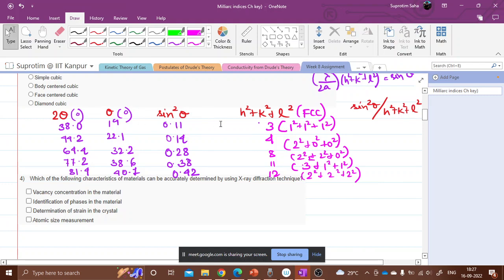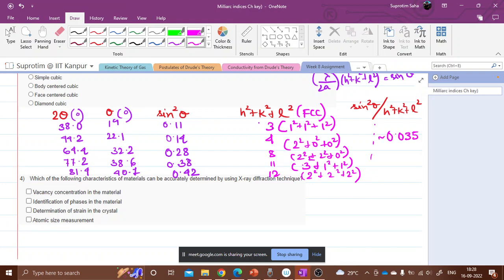So if you divide each and every one by 3, 0.11 divided by 3 will fetch you 0.036 sort of something. You can do it yourself. 0.14 divided by 4, it will also fetch you about 0.035, so basically all will fetch you this.